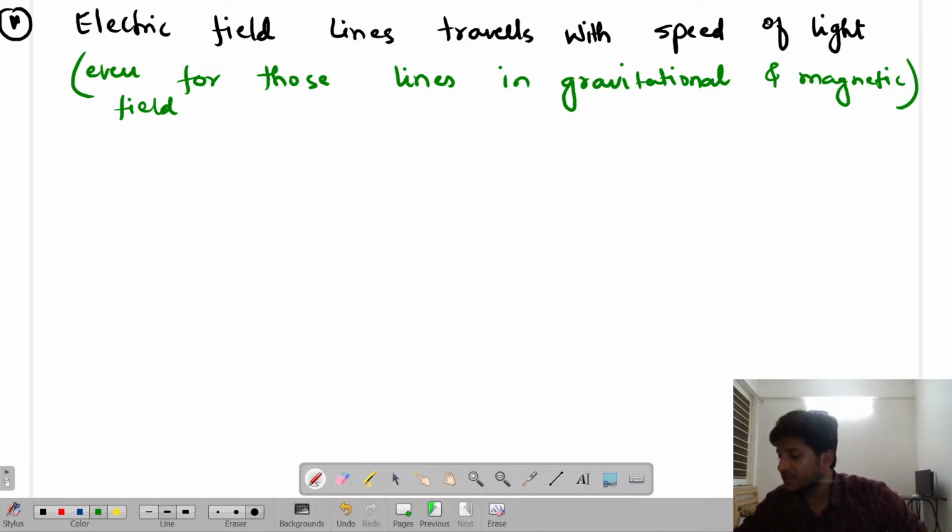They never ever get slowed down. Whenever electric field lines appear, they always travel with the speed of light. Is that clear or not?